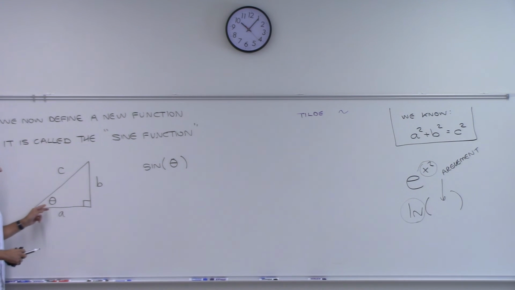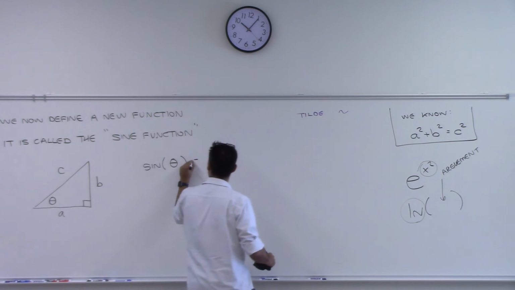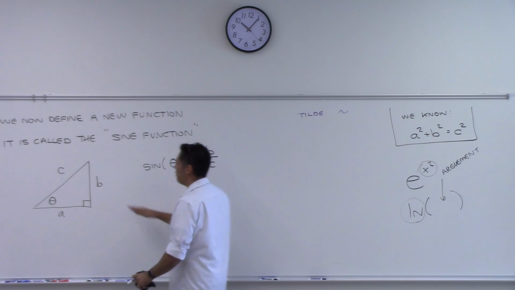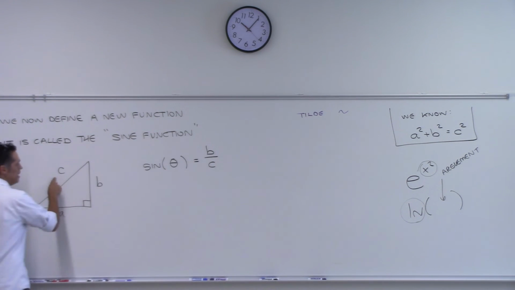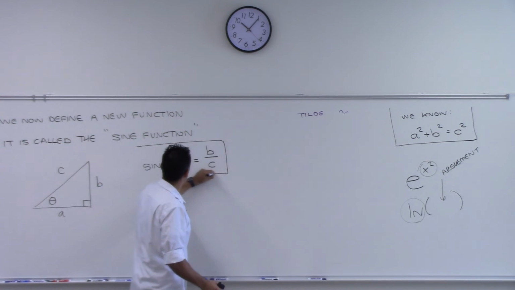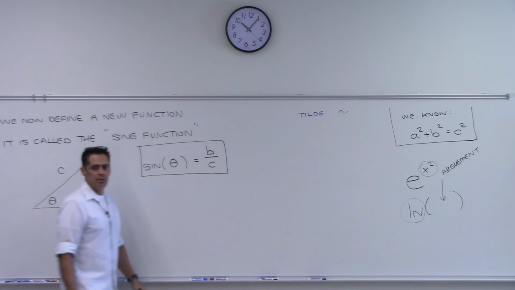So sine of theta, by the definition, is simply this number divided by this number. It's that ratio, b divided by x. I said b divided by x. B divided by c. Sorry. B divided by c. That's it. That is the definition of the sine function.